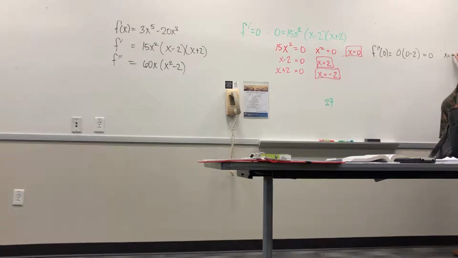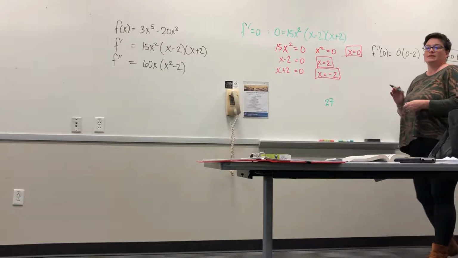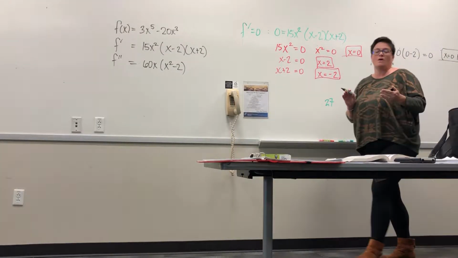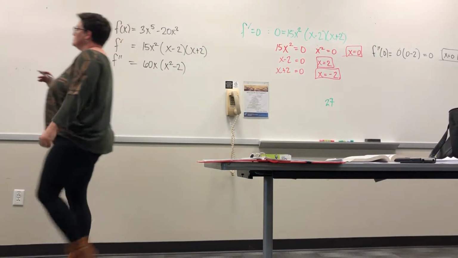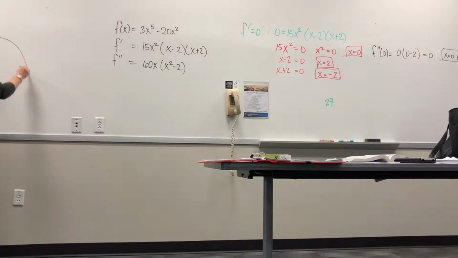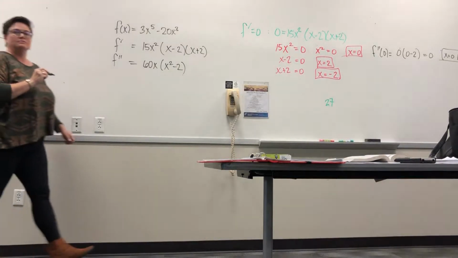So x equals 0 is a horizontal point of inflection. Okay? Everyone cool with that? When we have a concavity of 0, that's an HPI or a VPI. But in this case, we know it's an HPI because why? What's the slope?